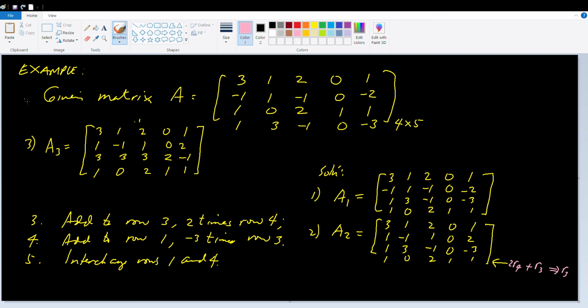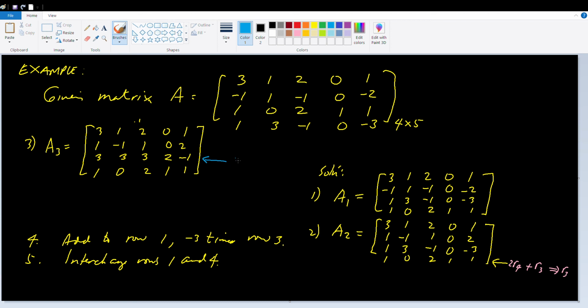Then, number 4, create another space. We add to row 1 negative 3 times row 3. So let us indicate it here.